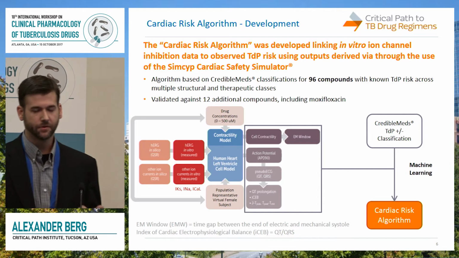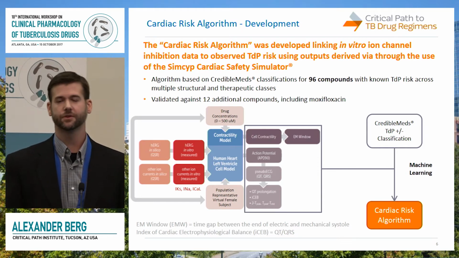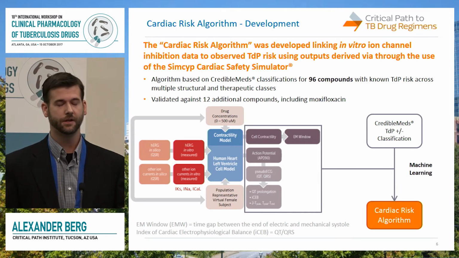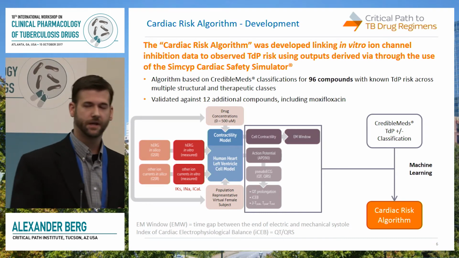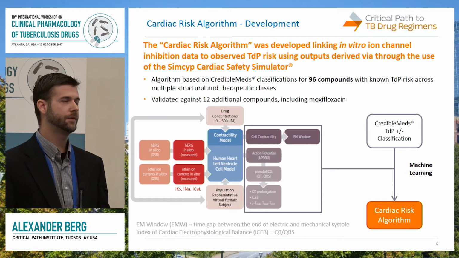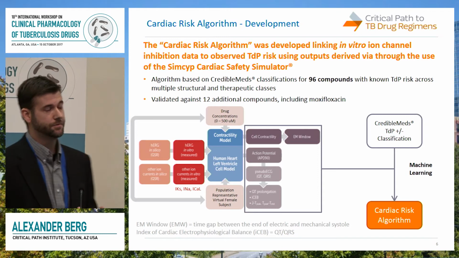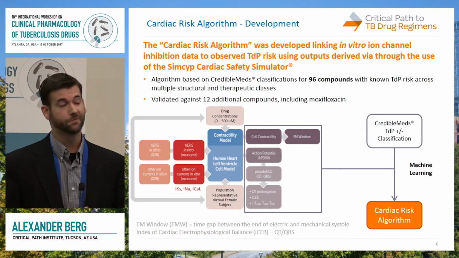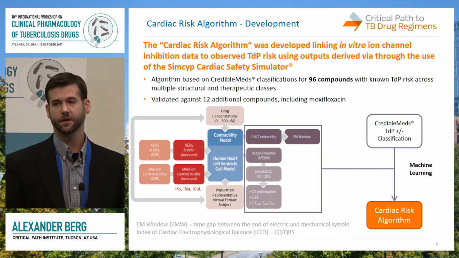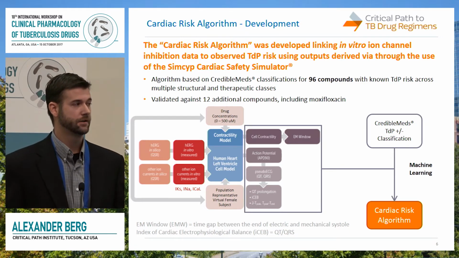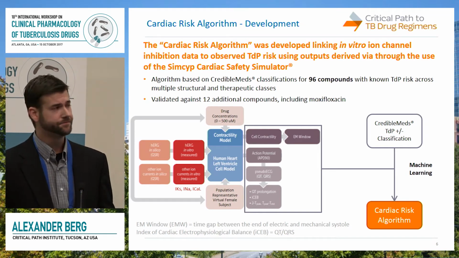From those simulations, we were able to obtain different metrics that could be used as potential predictor variables for reproducing the cardiac risk stratification from the QT drugs list. Those include electromechanical window, which is the time gap between the end of electric and mechanical systole, as well as action potential and pseudo-ECG based metrics, in particular the QT interval, the QRS interval, and the ratio of the two, which is termed the Index of Cardiac Electrophysiological Balance, or the ICEB.